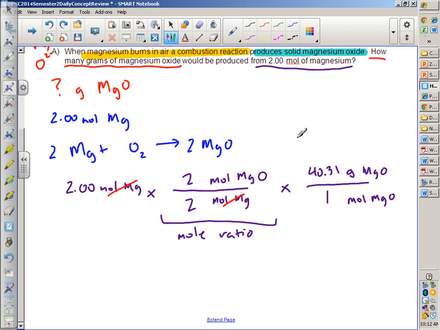Just as a point of clarification, if we're talking about the molar mass for a compound, usually we refer to that as the formula mass. Although if you refer to it as the molar mass for magnesium oxide, people will know what you're talking about.